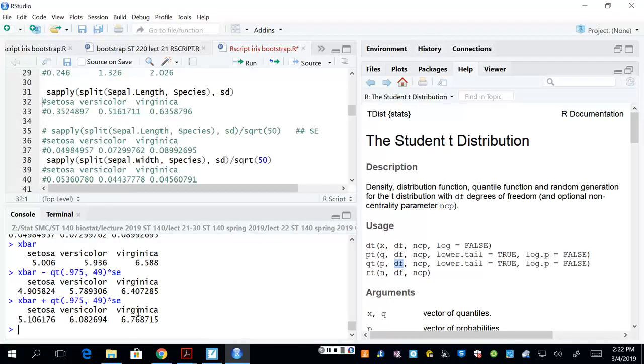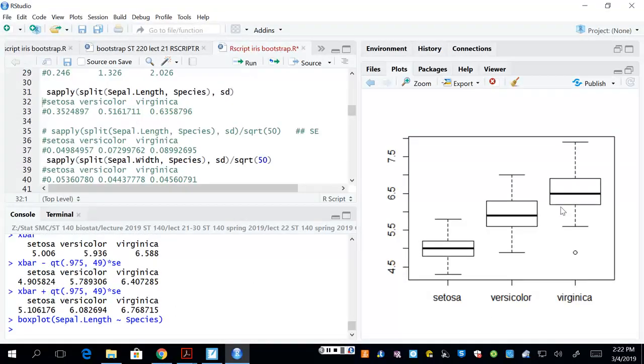And if you do a box plot of sepal length as a function of species, it will produce 3 different box plots. So the medians are quite different.